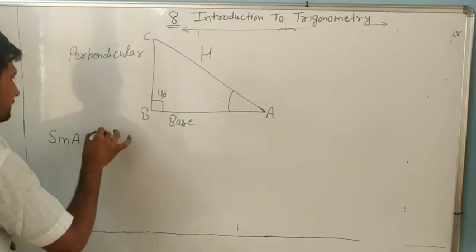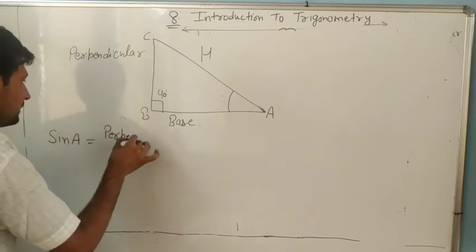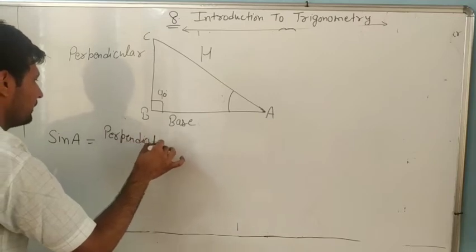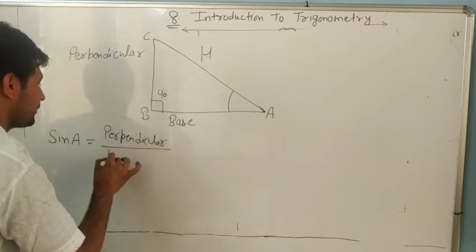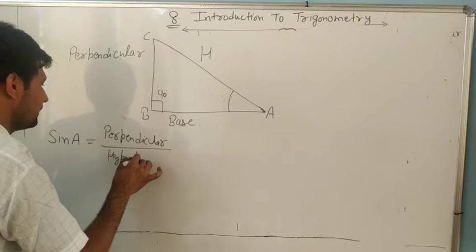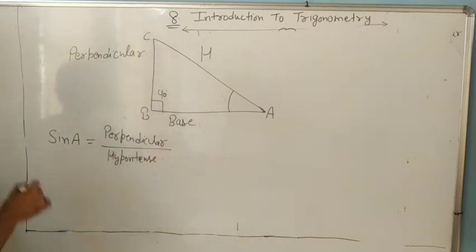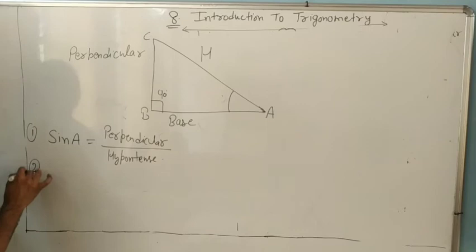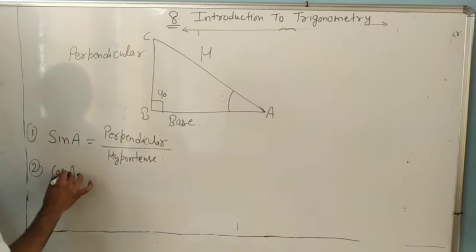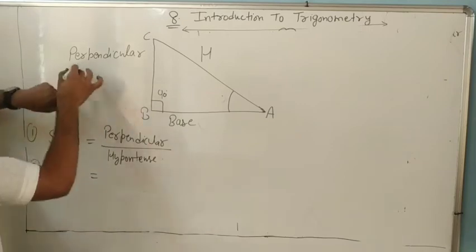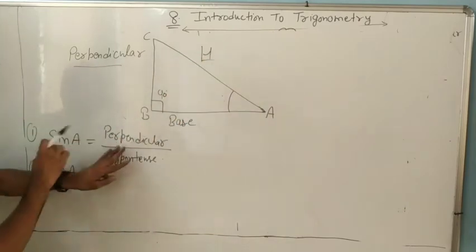Sine A is always perpendicular divided by hypotenuse. Always remember. Okay, dear? First. Second is cos of A. Whenever we take perpendicular and hypotenuse, its name is sine A.